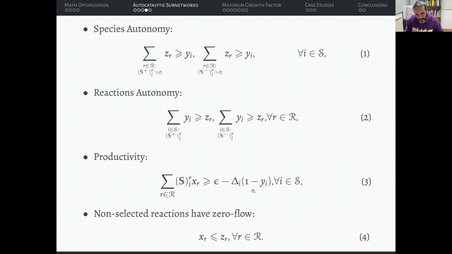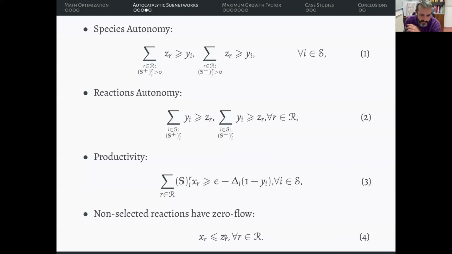Then the right-hand side, this part with this delta, which is a big enough value, is 0. So it means that the left-hand side is greater or equal than epsilon, which is a small enough value. So for this flow, the production of the ith species is greater or equal than something positive. So the production is strictly positive. It's kind of how to combine everything to model these conditions.